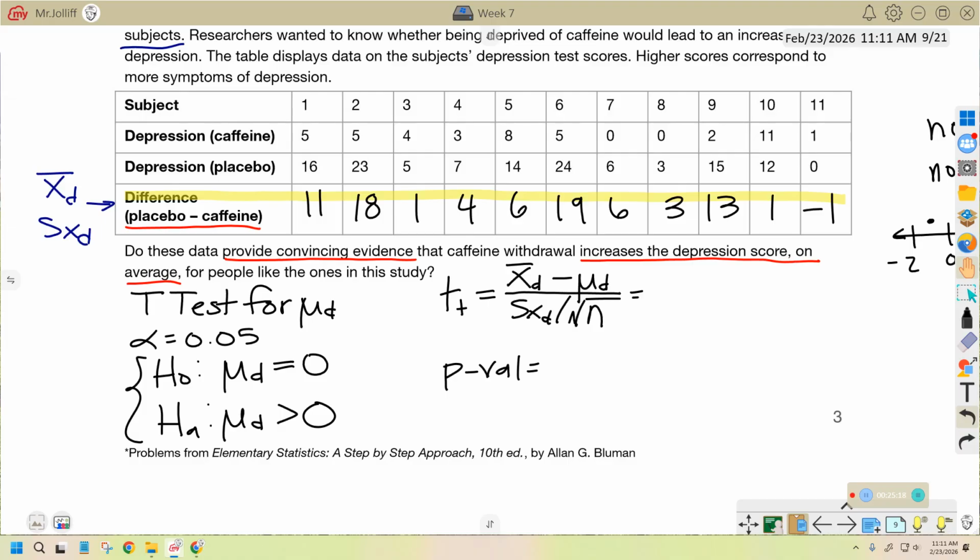Frequency is 1. Frequency is 1. Yep. Good.